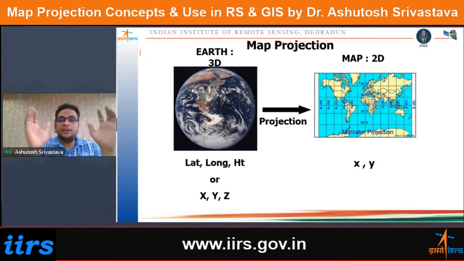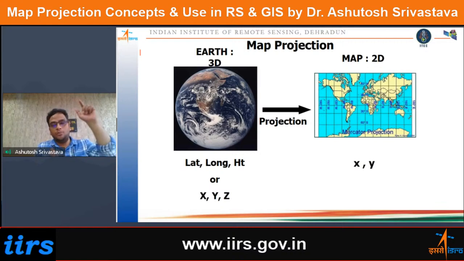Till now we were discussing the three-dimensional geometry, either in terms of longitude, latitude, and height, or in terms of x, y, z. First we derive the coordinate axes: the x-axis which passes through the Greenwich meridian, the y-axis which is perpendicular to the x-axis and passes through the equatorial plane, and the z-axis which is perpendicular to both and along the axis of rotation of the Earth.